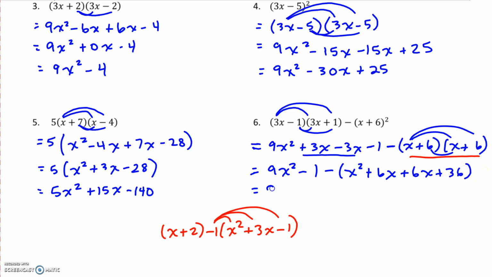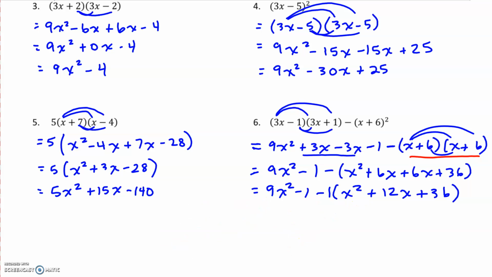Okay, I'm going to simplify inside the bracket the 6x plus 6x, so that gives me 12x. And now you can see we're in the situation that I put in red here. That's like a negative 1, and I got to distribute it inside. That right there is probably one of the most common mistakes that comes up, where students forget to keep the brackets around here.